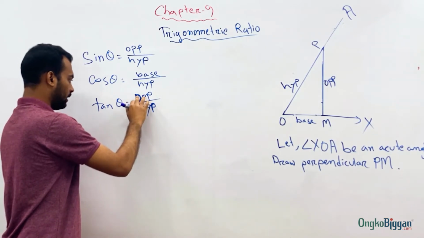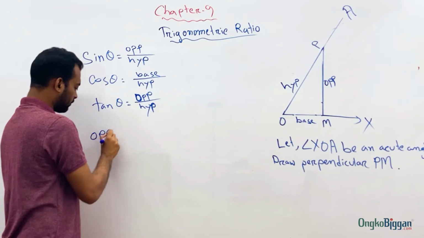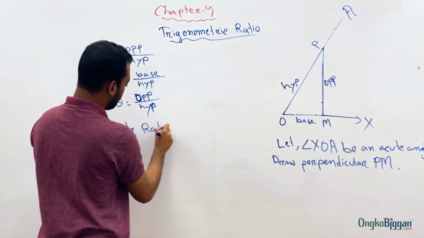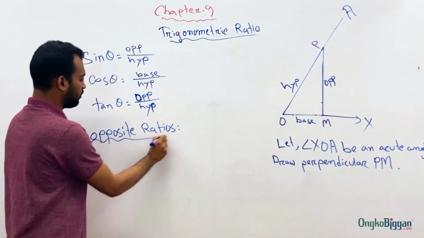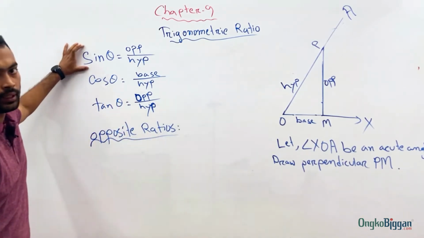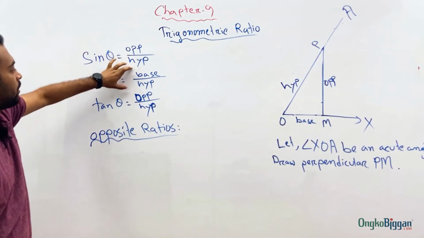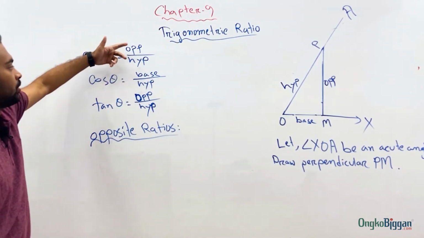Now, in this video, we are going to learn the opposite ratios. By the term opposite ratio, I mean the opposite of sine theta. If sine theta is equal to opposite by hypotenuse, what would be its reverse, or its opposite?